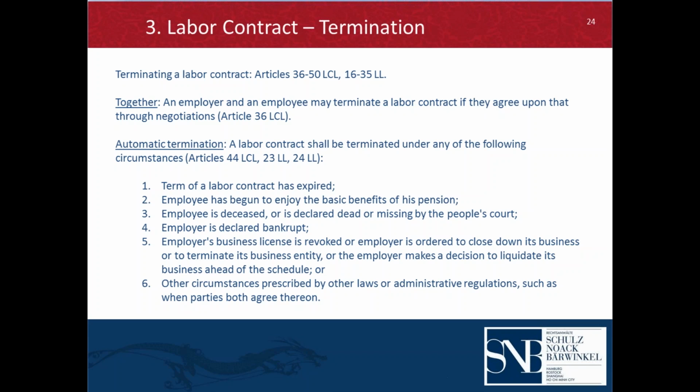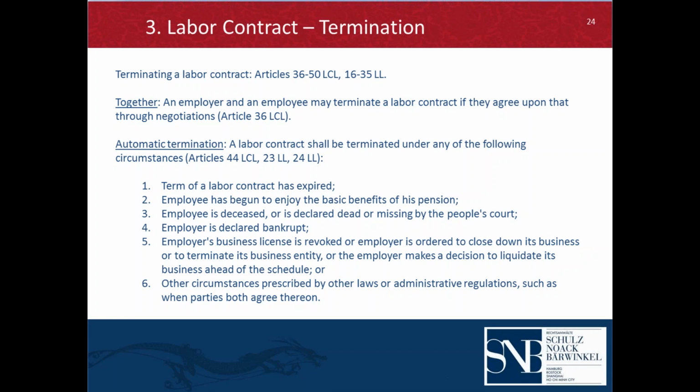And there are some situations in which the labor relationship is automatically terminated. I have listed here 5 examples, basically. First is when the term has expired, or if the employee has begun to enjoy basic benefits of his pension.